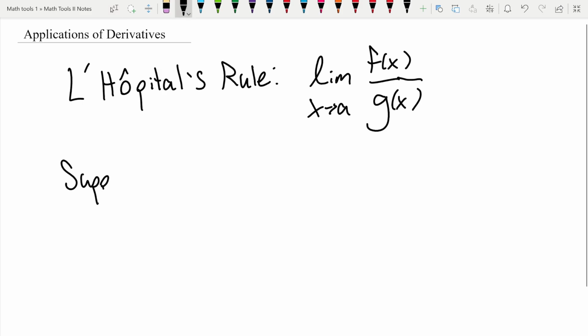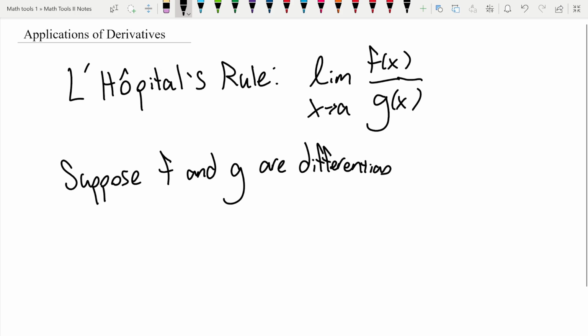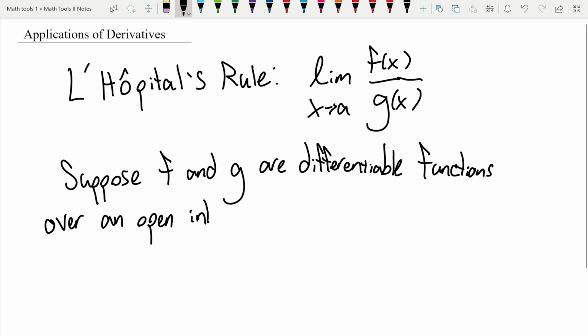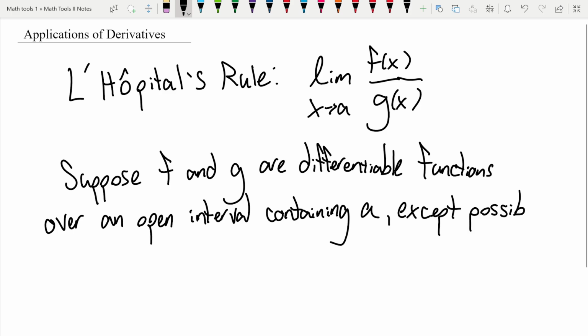So suppose f and g are differentiable functions over an open interval containing a, except possibly at a.